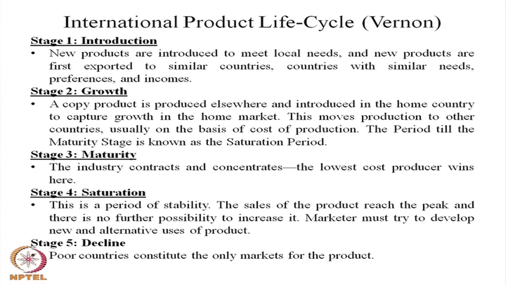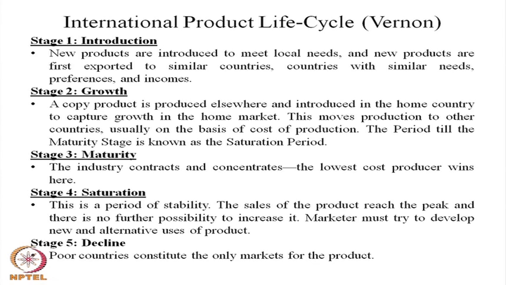The later part of the product life cycle is enjoyed by the poorer country, or the country which has a lowest cost advantage. This is the product life cycle theory, and it always tries to explain that innovation alone provides a first mover advantage in the international trade pattern.